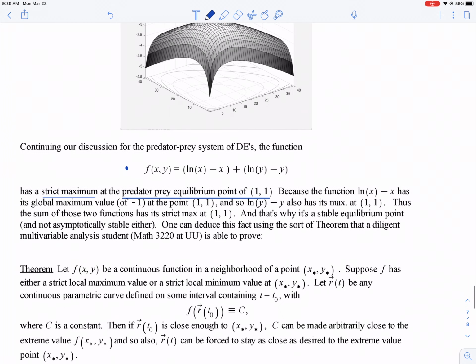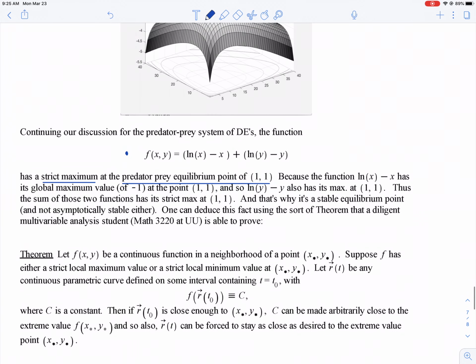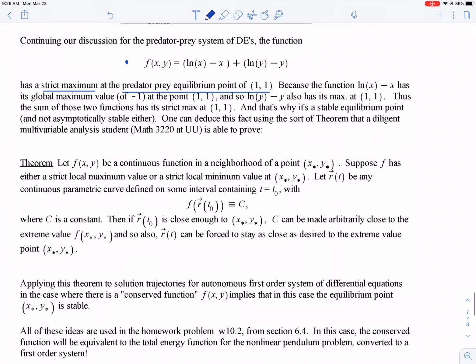And now let me give you the theorem that makes our discussion on the previous page a little more rigorous. This is the kind of theorem that a nice instructor might give to their students in an analysis course like Math 3220. So here are the hypotheses. Suppose f of xy is a continuous function.